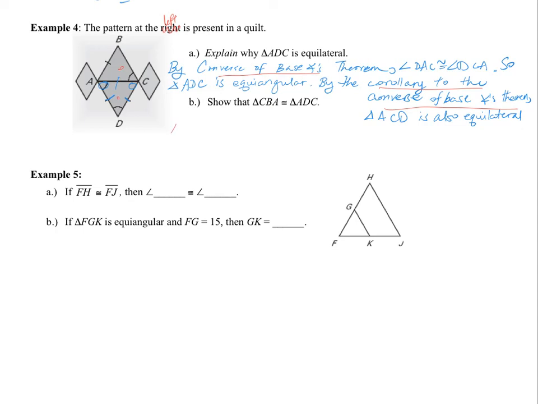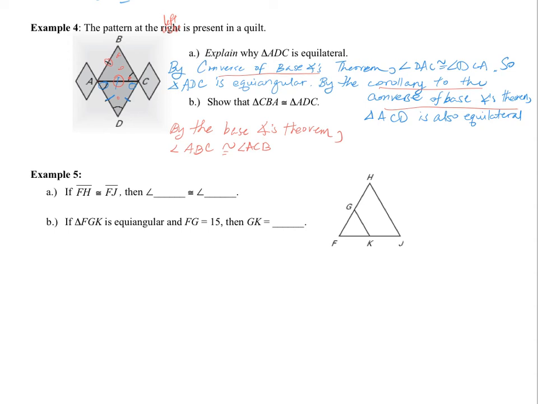Now, by the base angles theorem, because these two sides, side AB and AC, are congruent to each other, then angle ABC is congruent to angle ACB by the base angles theorem.